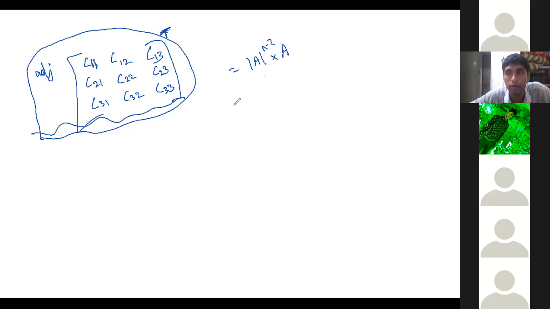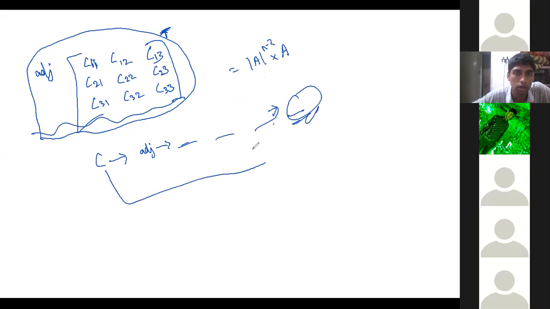I prove one property from the previous property, from the previous property. See, it's like I defined adjoint, and then I define something. I define cofactor, then adjoint, then something, then something. And there I proved this adjoint of adjoint. But now if you want to understand this thing with respect to this, then it will take some time.